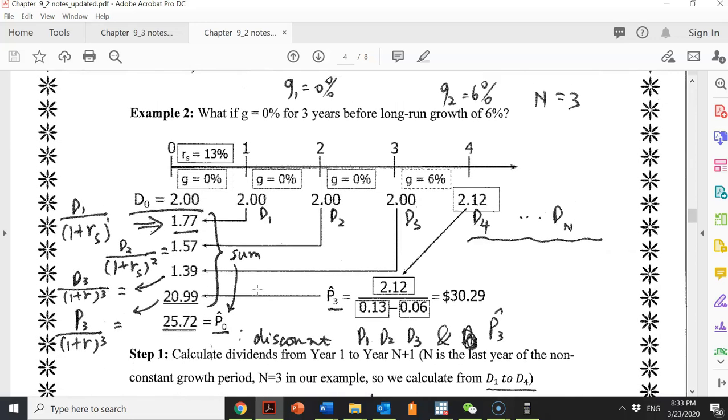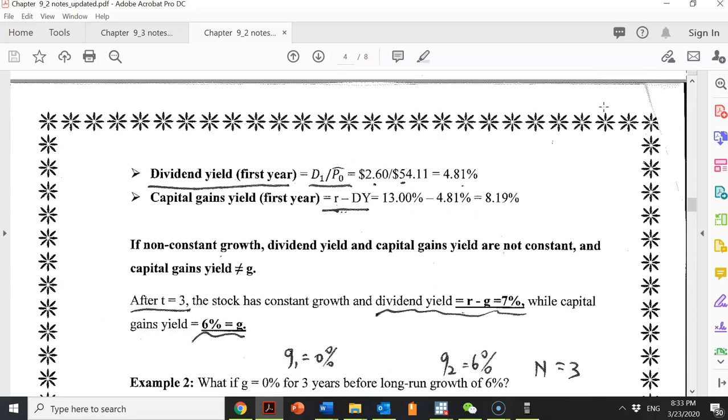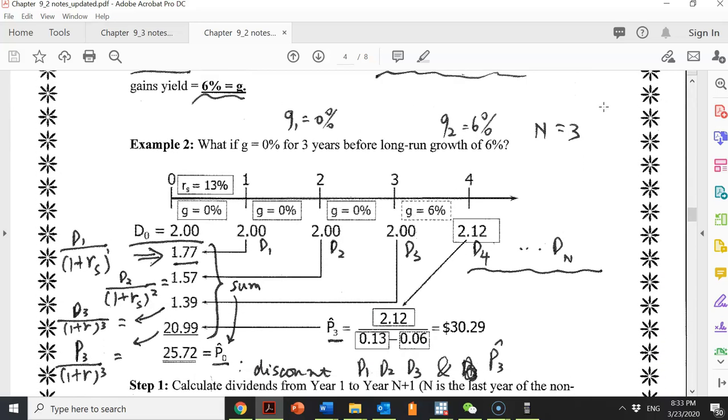In the next video, I'm going to talk about another example of how we calculate P0 in a non-constant growth model setting. Before moving on to the next video, make sure you understand everything in the first example. And before looking at the solution for the second example, you can try to figure out what the stock price is if G is 0% for 3 years.